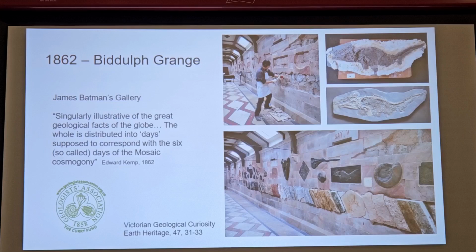So, James Bateman. He was an industrialist and a banker, particularly associated with the iron industry, so that's where he made his money. He was a notable plant collector and botanist, particularly associated with orchids. And he was also the founding president of the North Staffs Field Club.